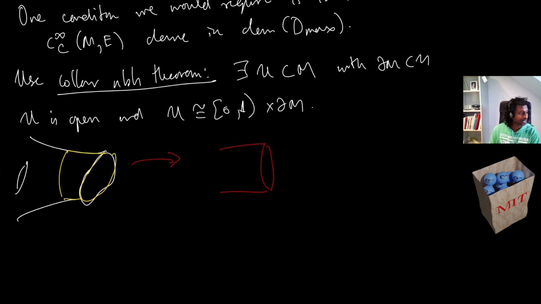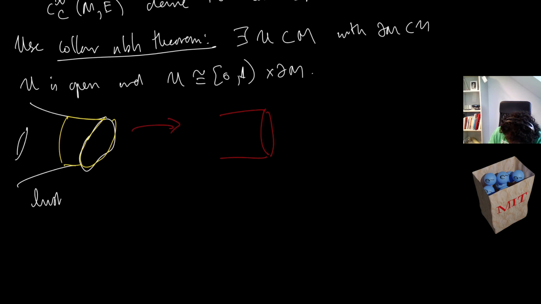So once you have something like this, you could take chi equal to 1, so you can institute a cutoff chi.